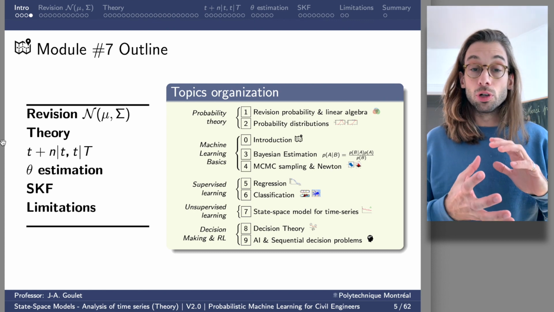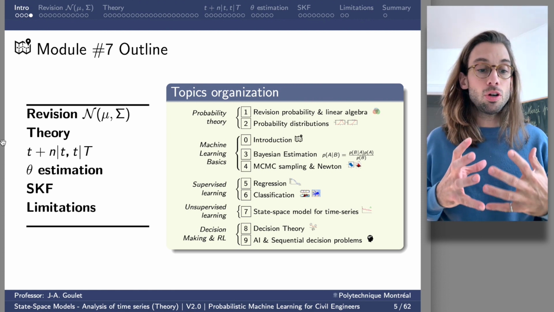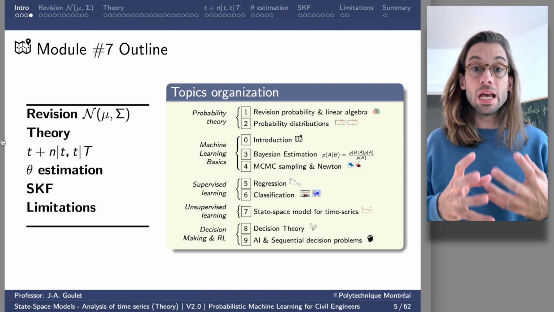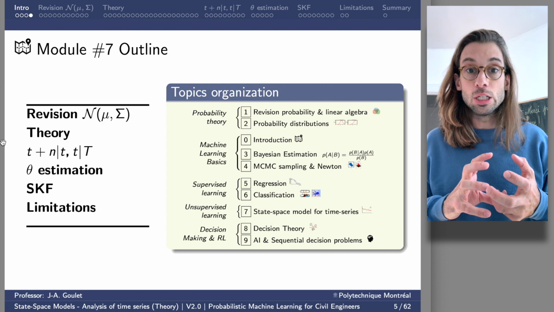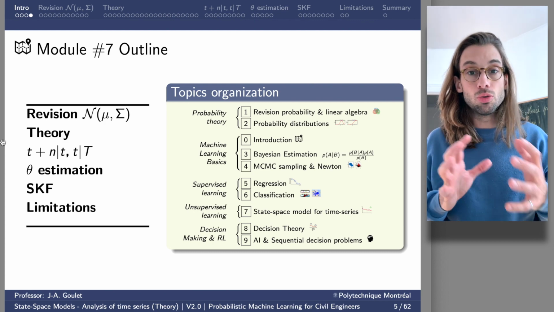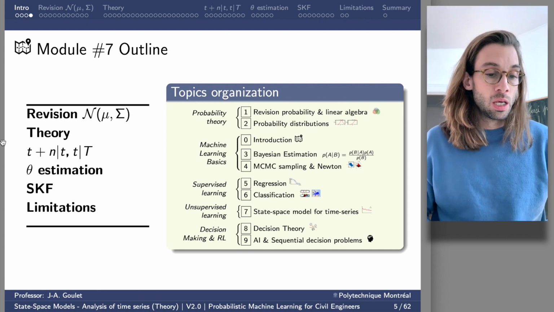Another thing we're going to see is that even if we do time series analysis with the Kalman filter, we still have parameters, and these parameters need to be estimated from data. We're going to see how to express these parameters and how to learn them, either through a Bayesian approach or a maximum likelihood approach.